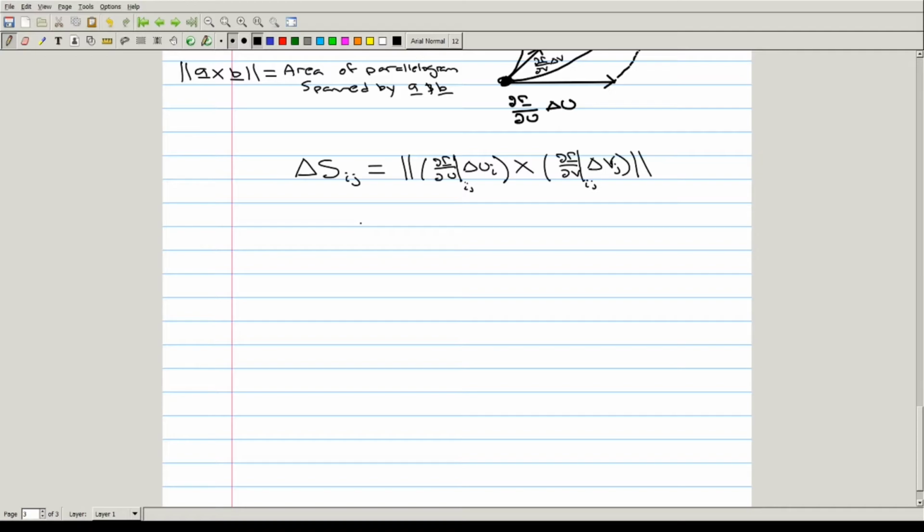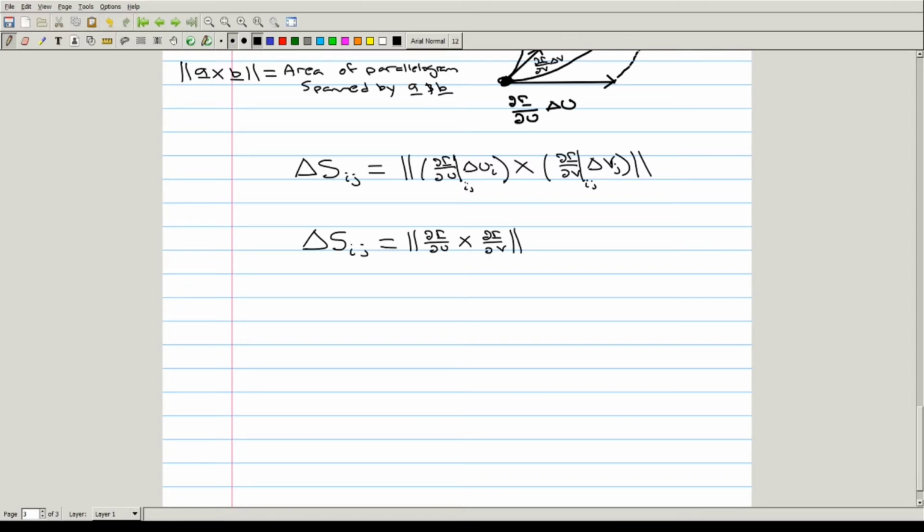So the idea then is that we can take this and take delta Sij, and re-express it a little bit nicer. I'll say it's the magnitude of dr du cross dr dv. Delta ui, delta vj are both positive, and they'll both come out.